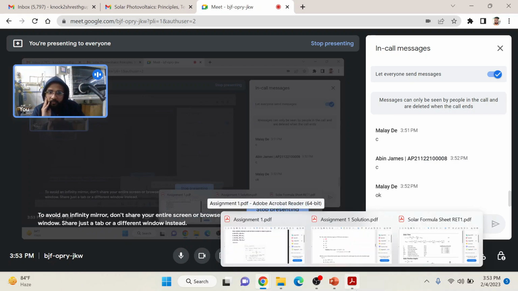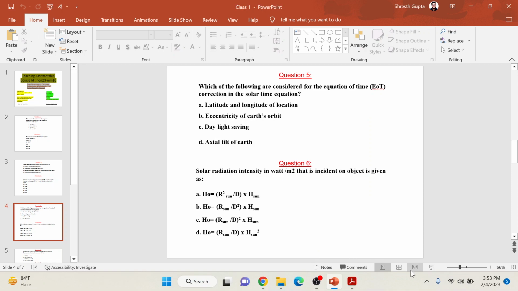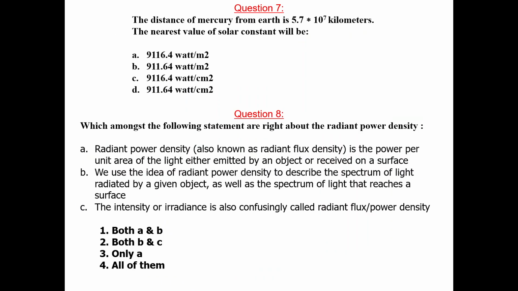Okay, so let's move further. The next question is 7. It says the distance of Mercury from Earth is 5.7 cross 10 raised to 7 kilometers. So the nearest value of solar constant will be... This is a very straightforward question, people.